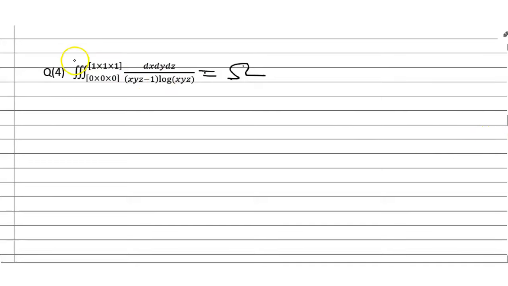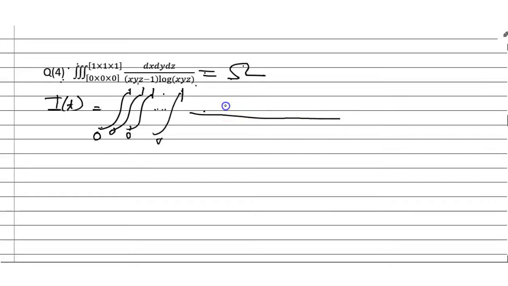So friends, at first I write it equals triple integral 0 to 1, 0 to 1, up to 0 to 1, (x1 x2 up to xn) whole to the power t, because this technique is a very nice technique.